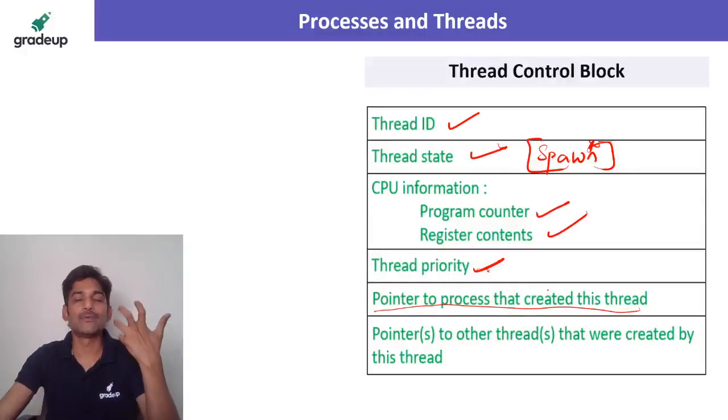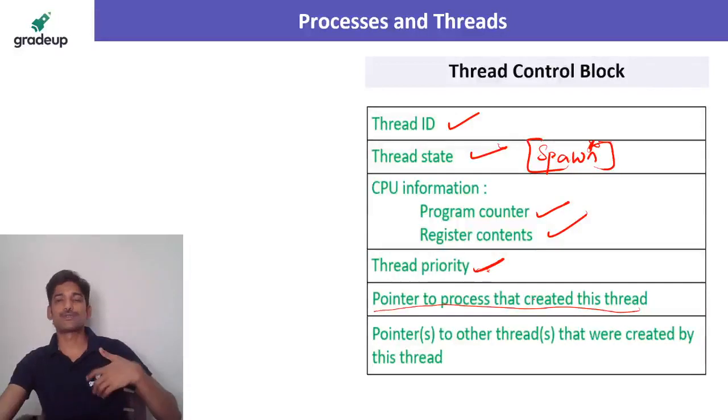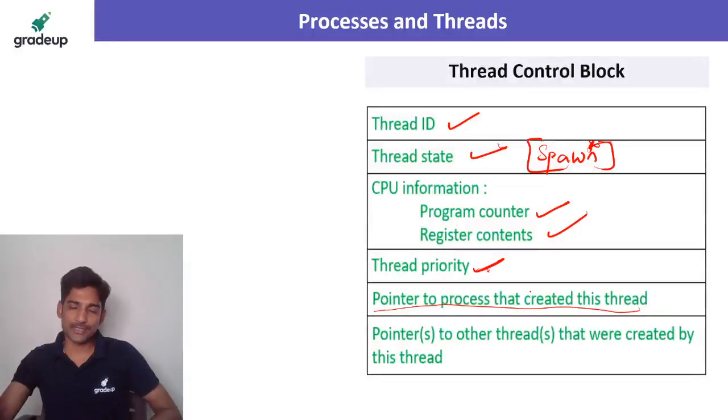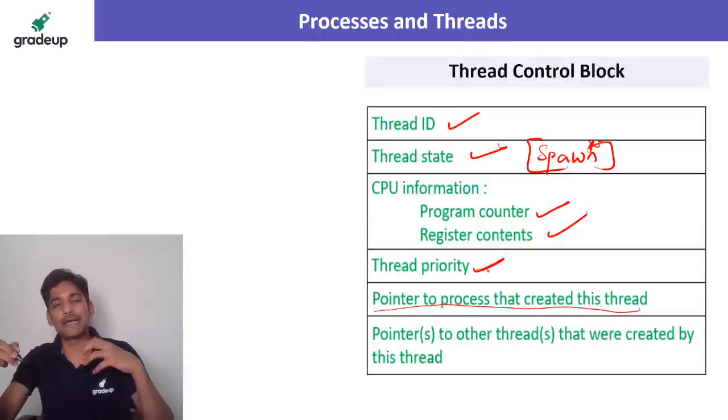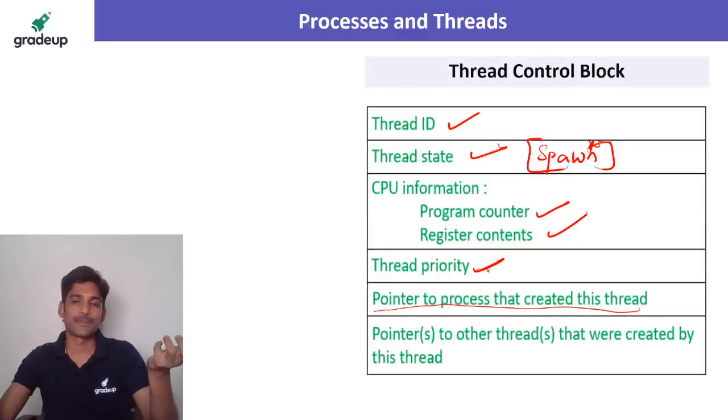Because a thread will not get invoked on its own. First the process should get invoked, and along with the process the thread also should get invoked. So every thread will have a reference to the process, and that reference will be maintained.